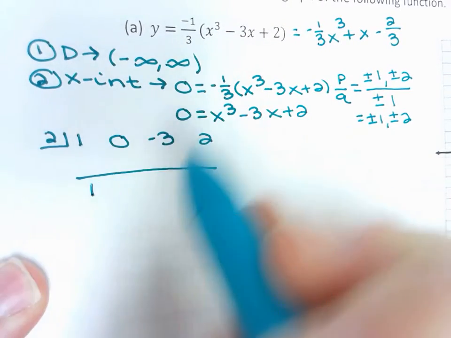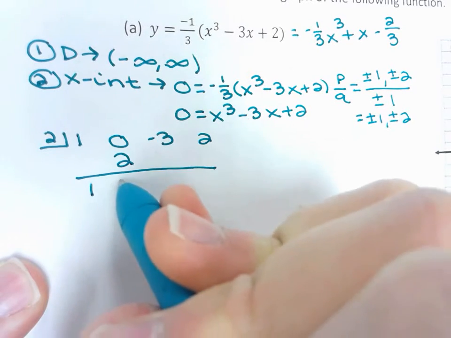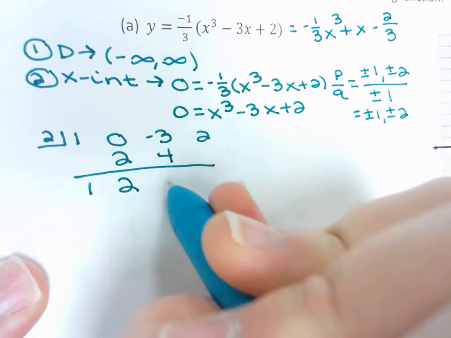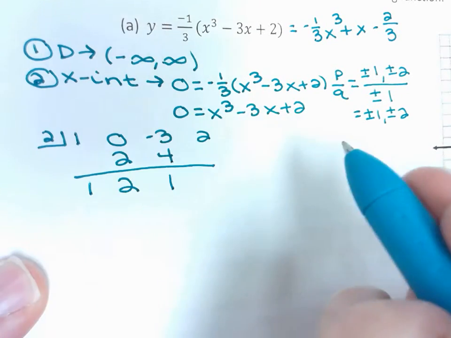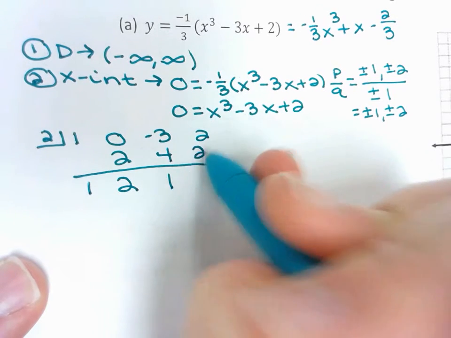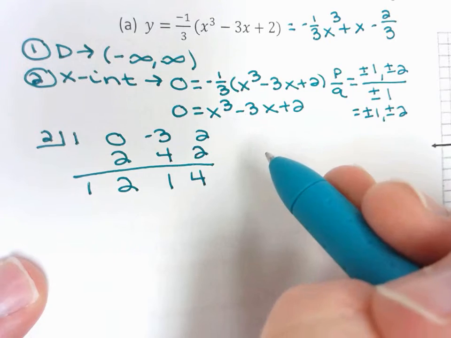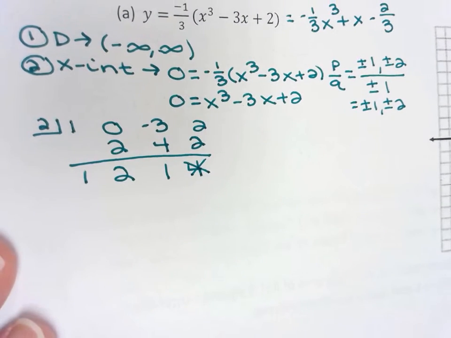Bring down a 1. 1 times 2 is 2. Add down, 2. Multiply. 2 times 2 is 4. Add down is 1. Multiply, 2. Is 2 a root? No, because you do not get a 0 here, so 2 is not a root.